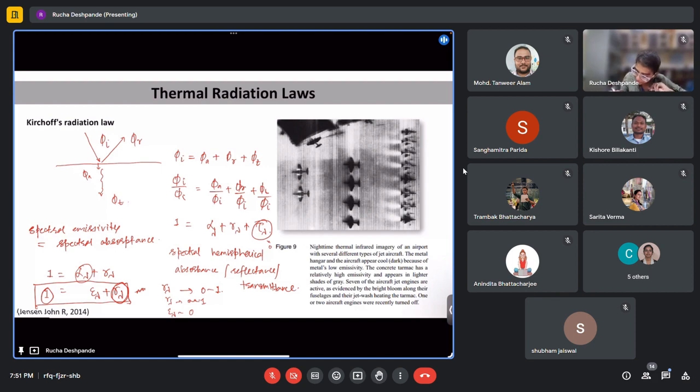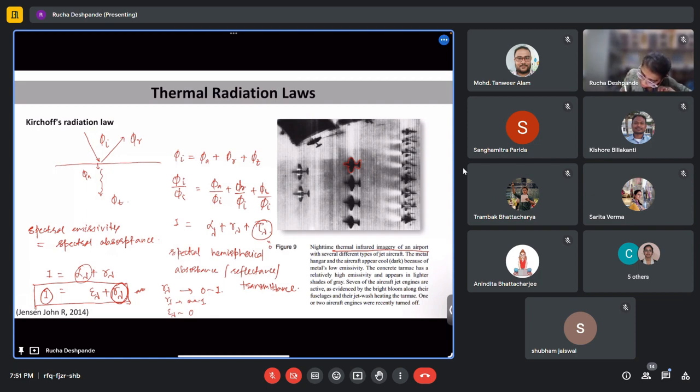This is a nighttime thermal infrared image of an airport. Here we see that all these aircraft are appearing darker in this thermal infrared image.